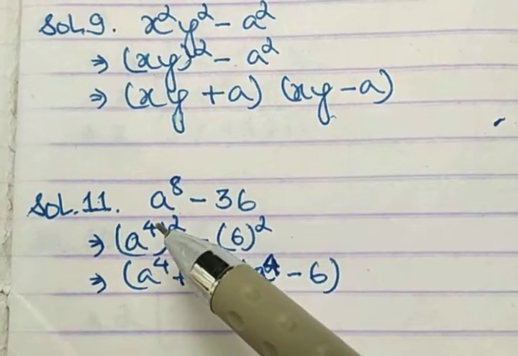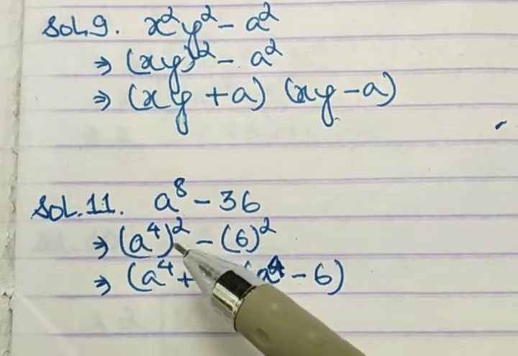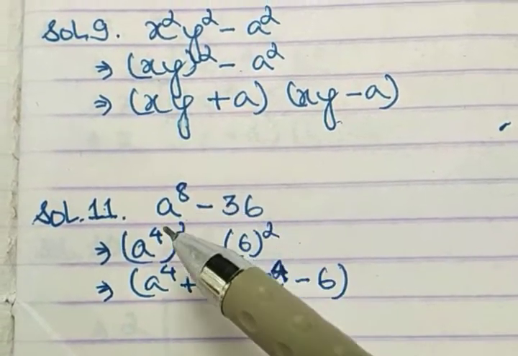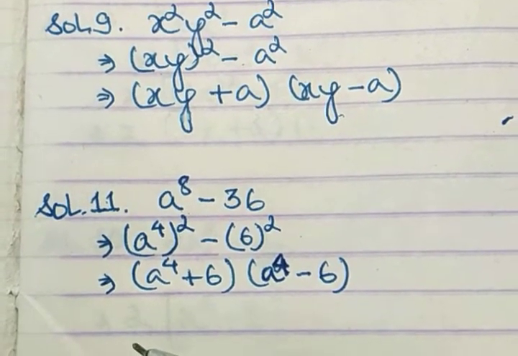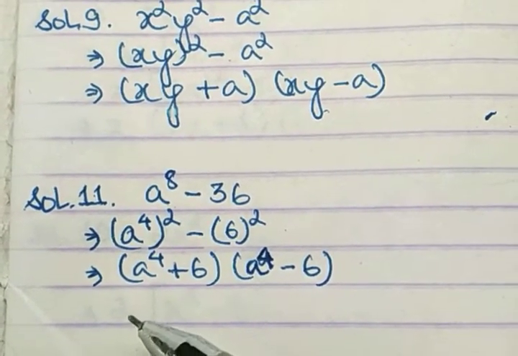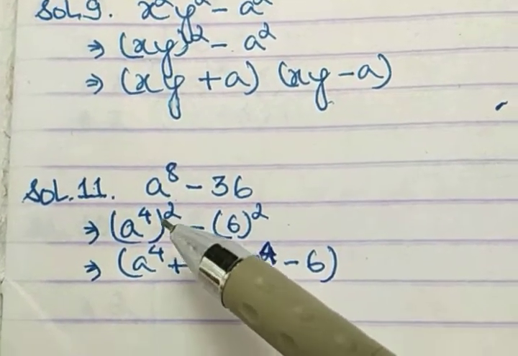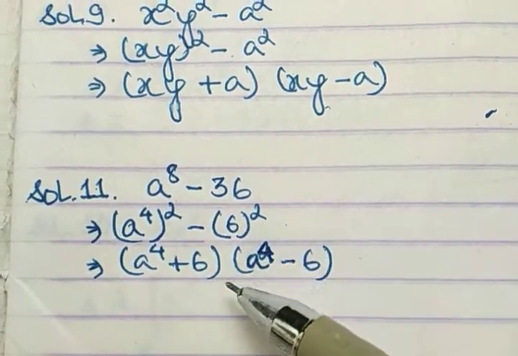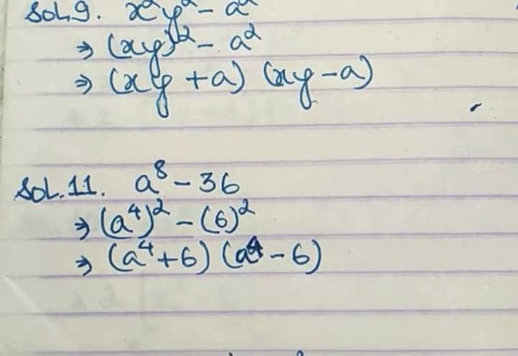For a to the power 4 to the power 2, we multiply the powers, isn't it? 4 into 2 is 8. That is why the value hasn't changed, it's still the same. It's just that we have written it in the form of two exponents. So we have here a square minus b square, so a plus b, a minus b, and we are done here.